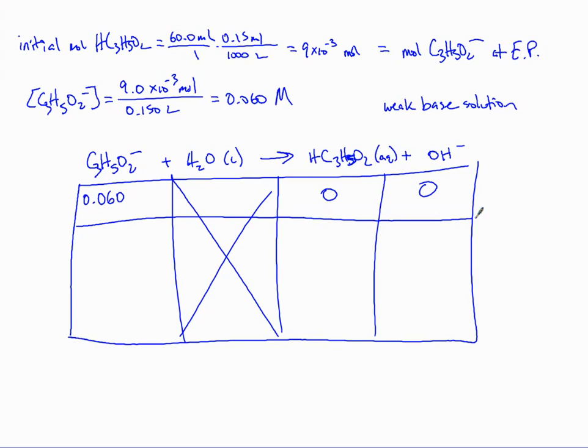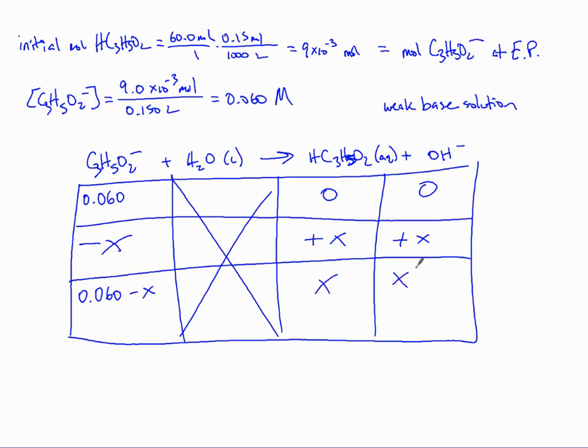This is the shift to equilibrium. All of the coefficients are 1. So this one's going to go down by x. These will both go up by x. And our equilibrium concentrations, 0.06 minus x, here's x and here's x.